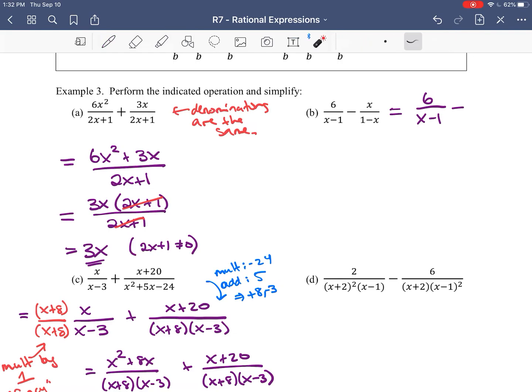these bottoms, so x minus 1 and 1 minus x, they're very similar. Okay, and in fact, 1 minus x you could write as negative x minus 1. Okay, now that negative can come out front, so we could actually replace this with a plus.